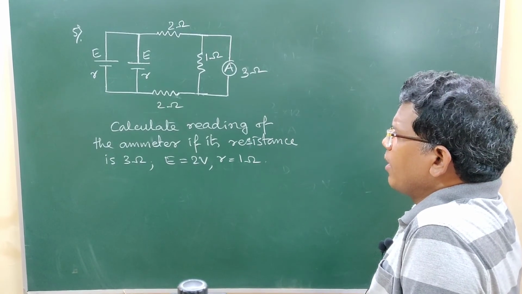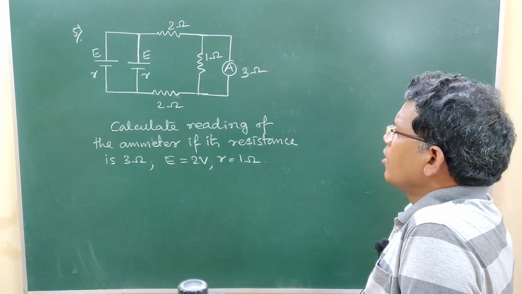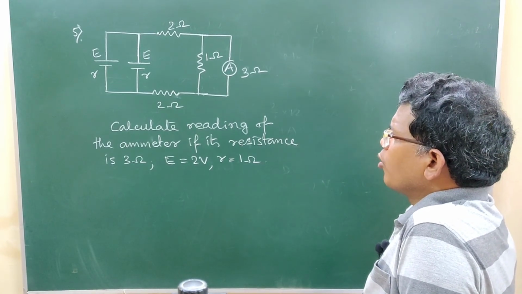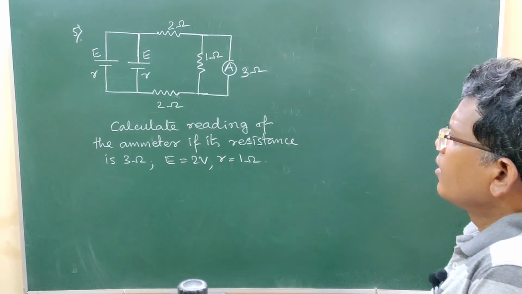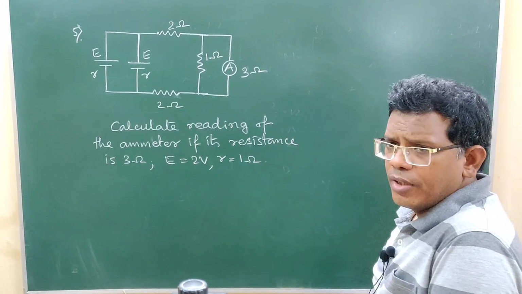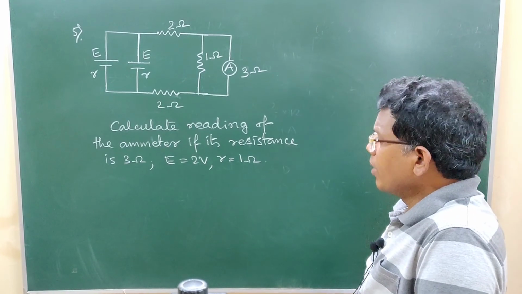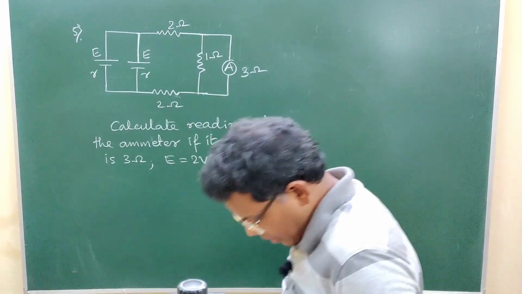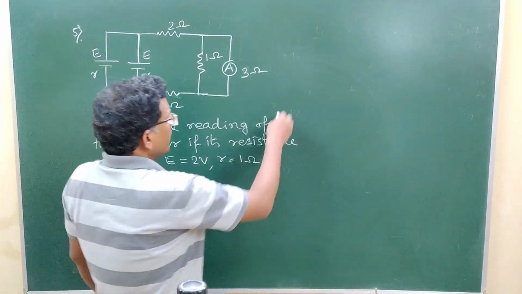That means we can consider the same current drawn from both of them, because the external resistance will be common for both individual batteries, right? Both of them are connected in parallel, and for them the external resistance is the same.